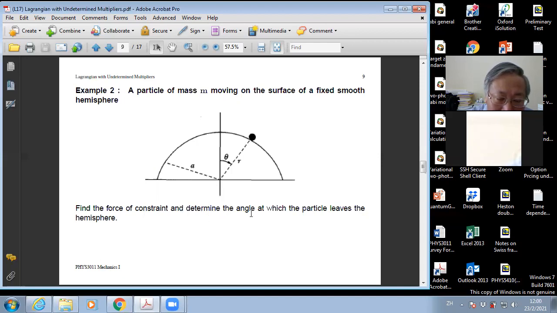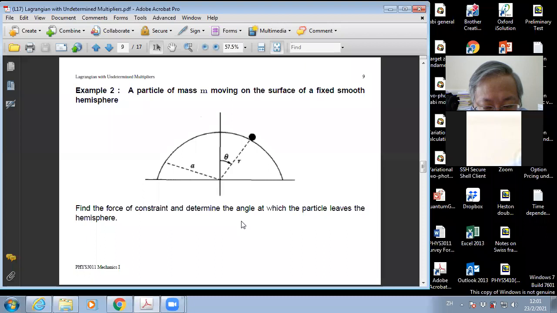And determine the angle at which the particle leaves the hemisphere. Right. Again, this problem has been dealt with using Newtonian mechanics in previous courses. So how do we tackle it?